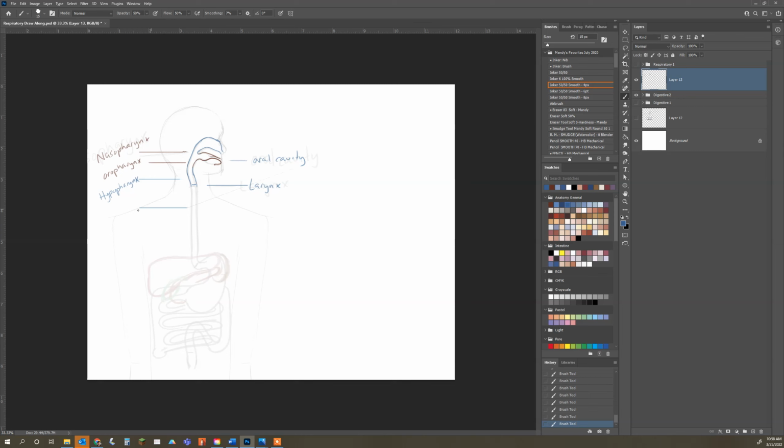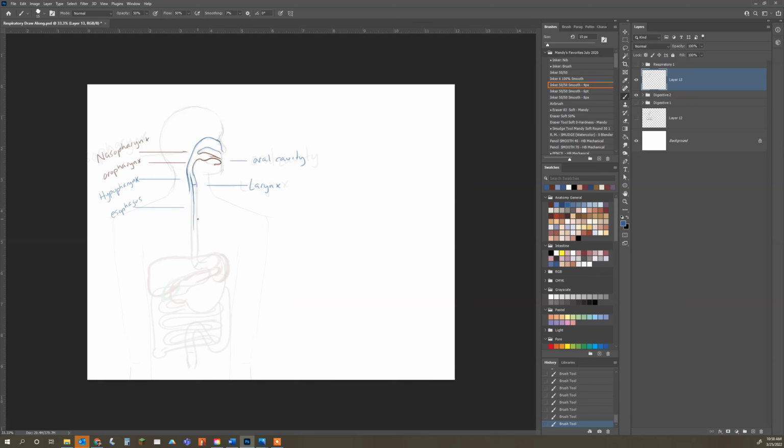In the digestive system, coming down, we had the esophagus. In the respiratory system, this is going to split off. We're going to move this esophagus slightly here. There's going to be a split between the esophagus and the trachea. They're kind of combined up here, and then they split off into their own separate tubes.